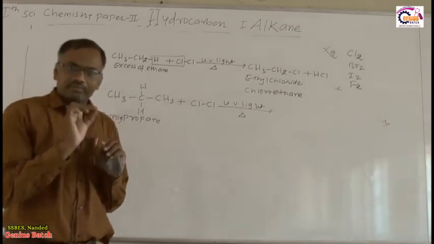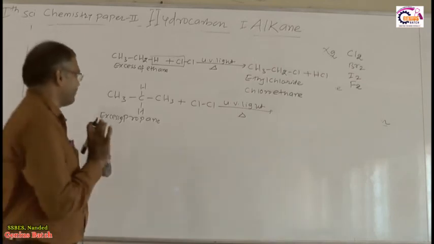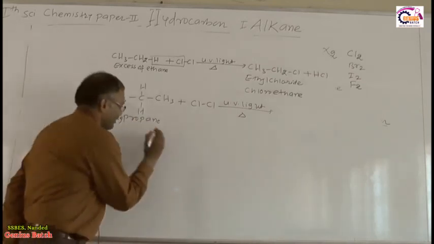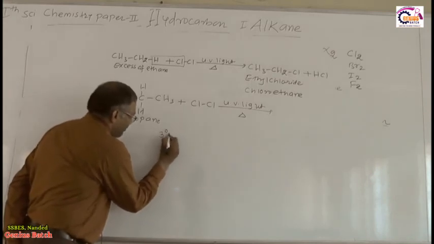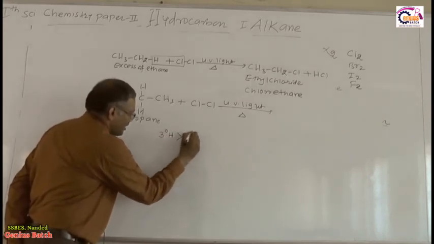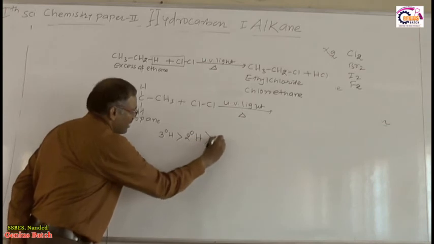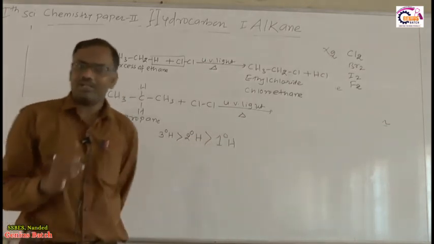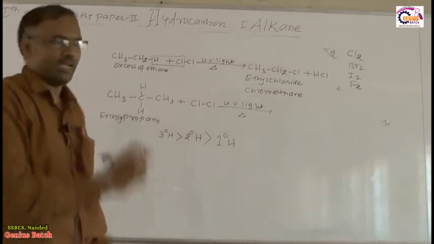If the example is like this, you should know one hint. What is that hint? The order of replacement of hydrogen is that a tertiary hydrogen atom is more easily replaced than a secondary hydrogen atom, and that more than a primary hydrogen atom.